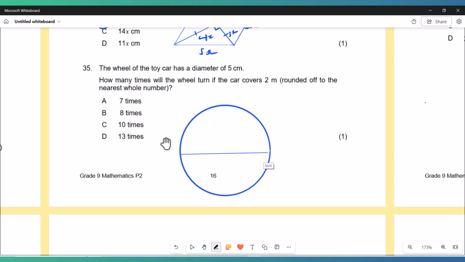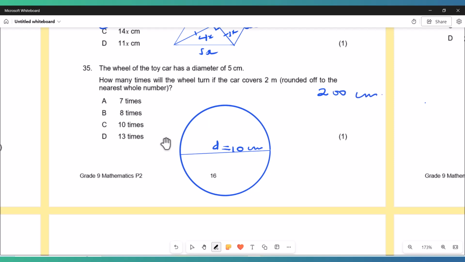This is our diameter here. If diameter is 10 centimeters, because diameter is 2 times radius, and I have my distance as 2 meters. From meters to centimeters we multiply by 100, so it's going to be 200 centimeters.